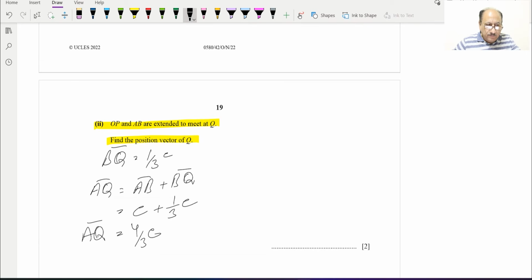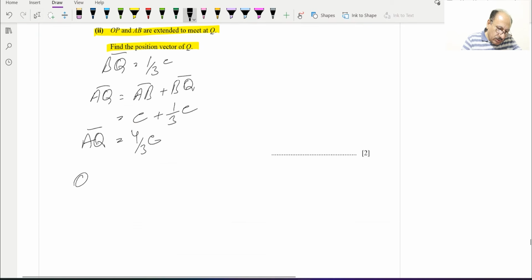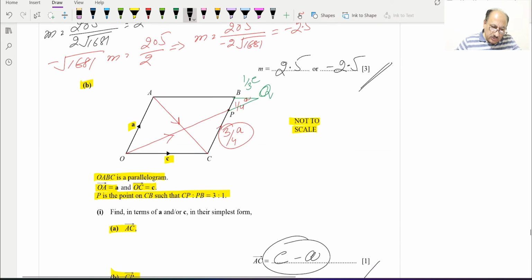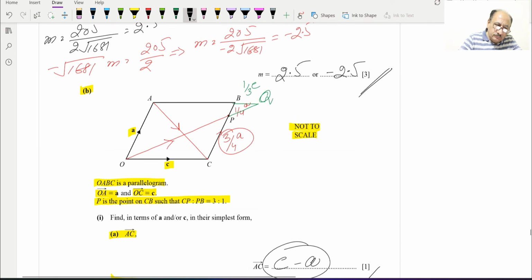And next, we originally require OQ, position vector of Q. That will be OA plus AQ. If I show you, OA plus AQ will be this one.